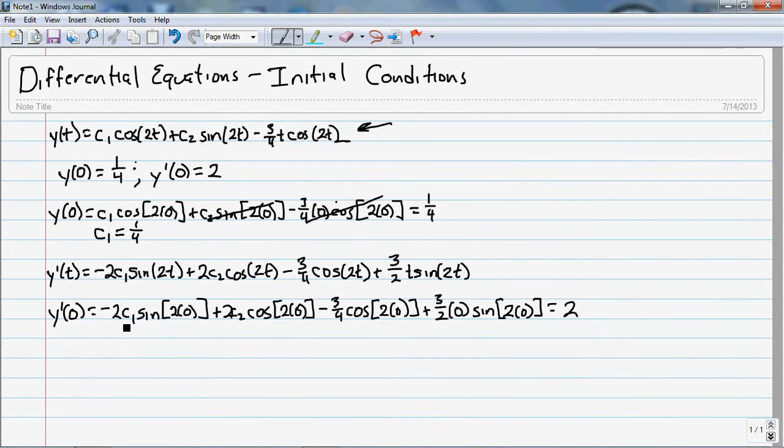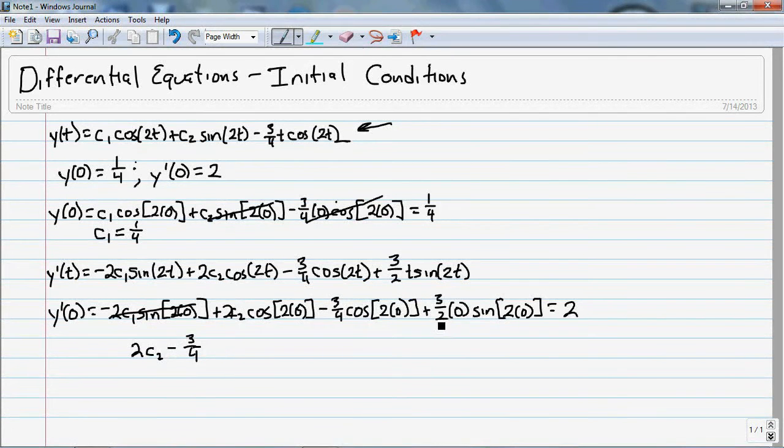First term, sine of 0, this is going to go away. Second term, cosine of 0 is 1, so I have 2c2. The next term, cosine of 0 is 1, so I'm going to have minus 3/4.